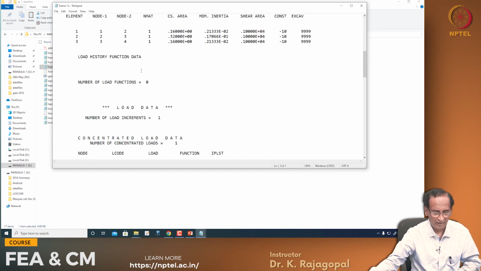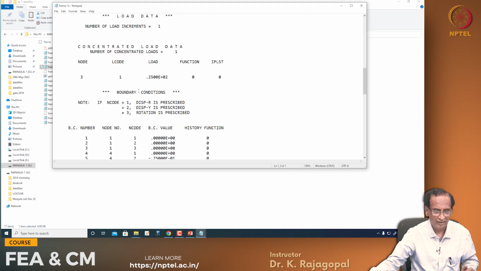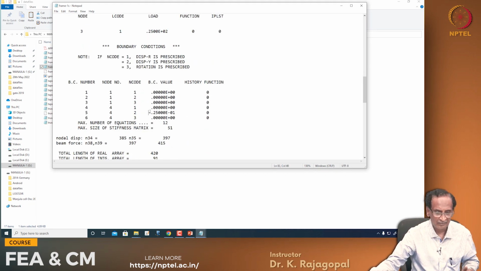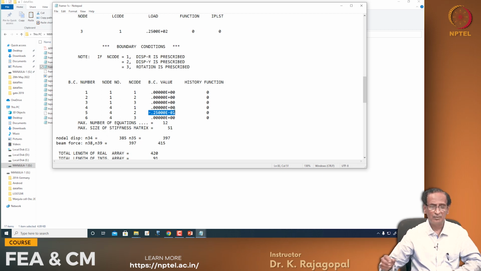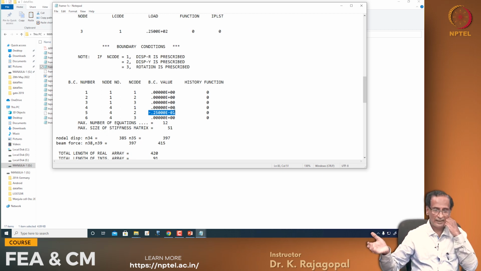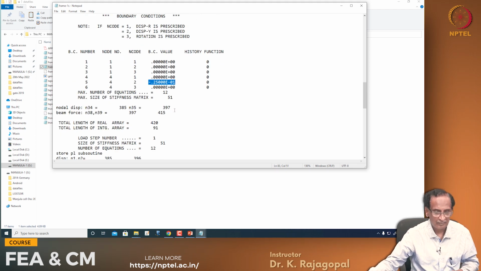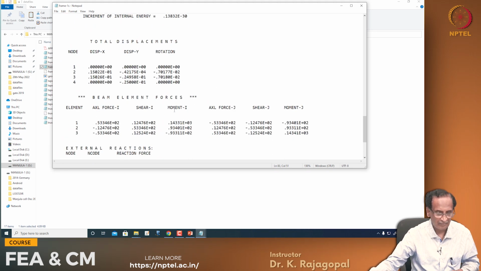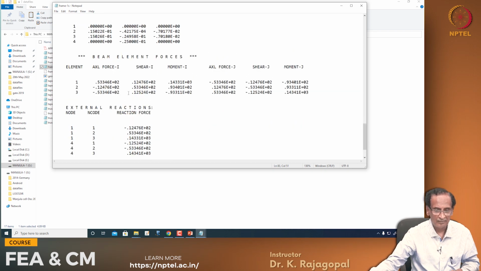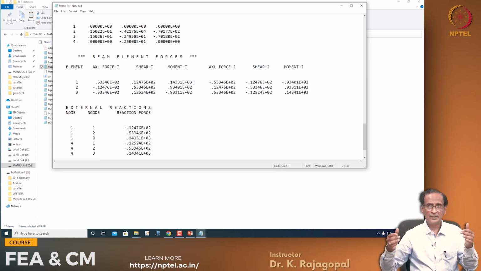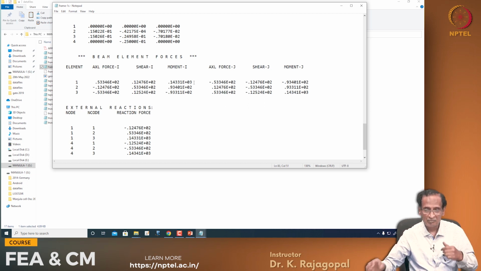So this problem is the same as the earlier one, except that we specified a settlement of 25 millimeters at node 4 at the right hand side support, and these are the settlements, like at node 4 the y direction displacement is minus 0.0025, and then these are the shear forces and bending moments and so on. These are much higher than what we had when we did not have any settlements.